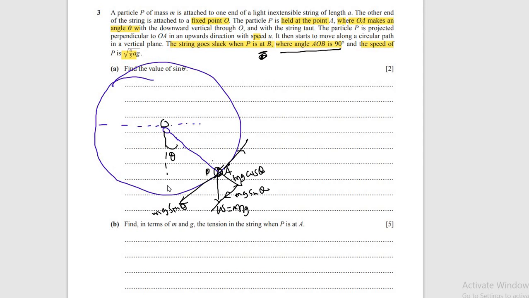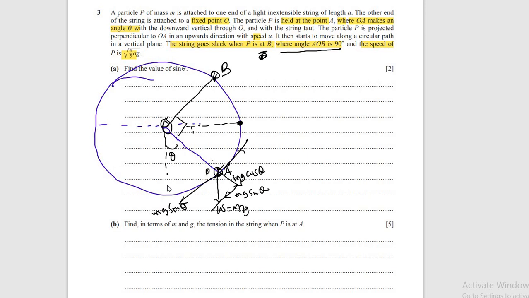Angle AOB is 90 degrees. The angle at A cannot be 90, so let me put this point B. AOB is 90 at this point. What happened when the string is at 90? It said the string goes slack.